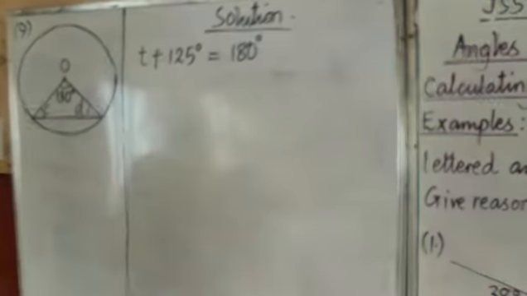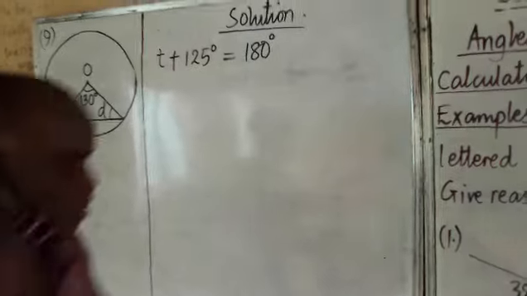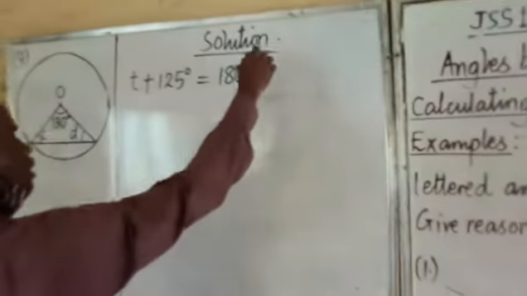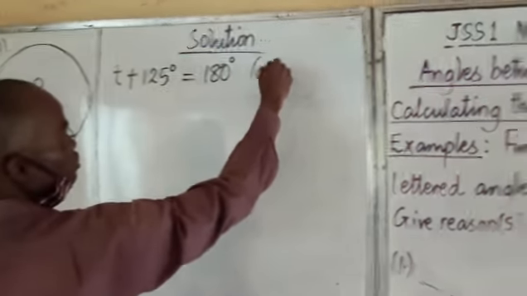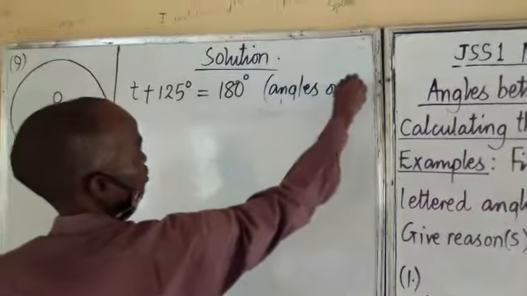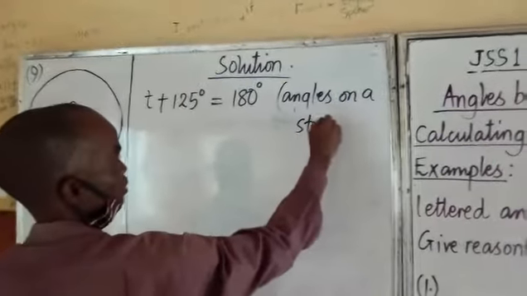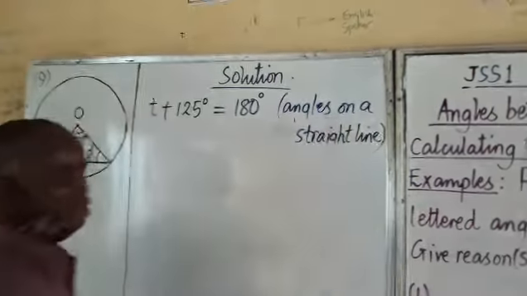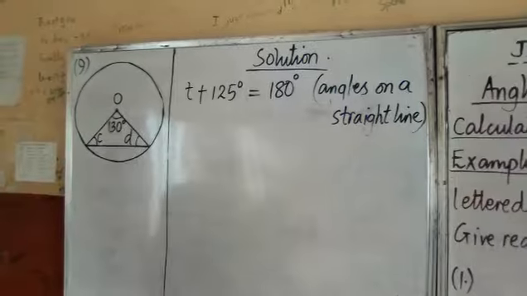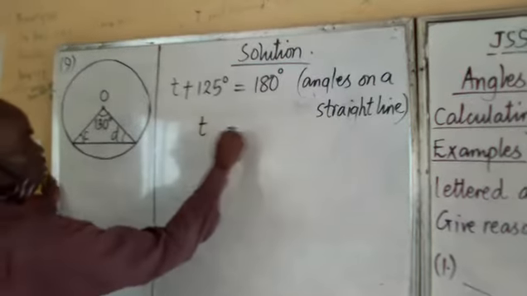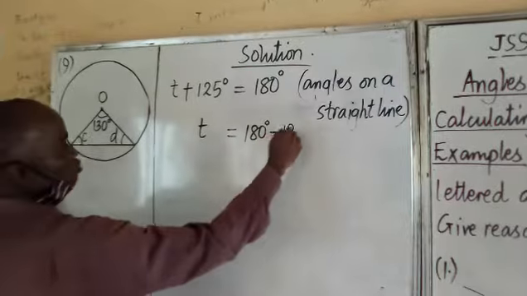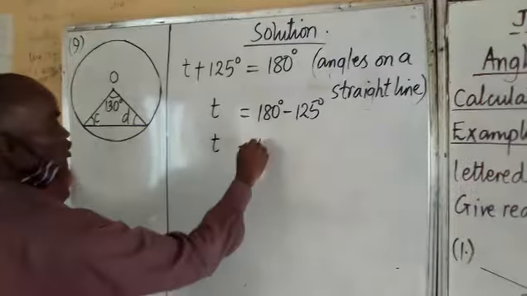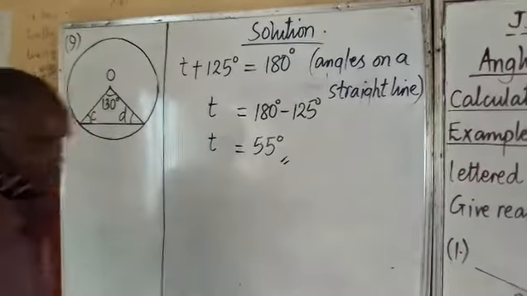That's the sum of angles on a straight line. If I cover up, this is a straight line. Write that: angles on a straight line. You can as well abbreviate it to straight angles. It's the same. So T is equal to 180 degrees minus 125 degrees. T is equal to 55 degrees.